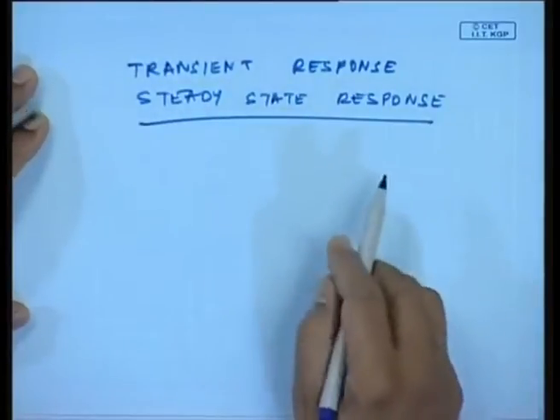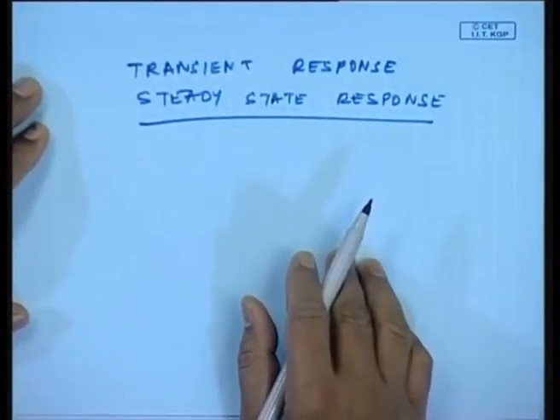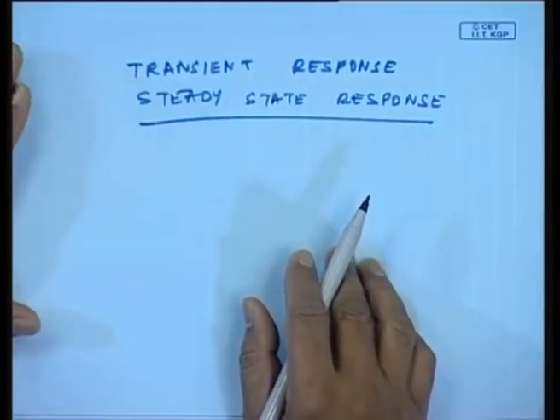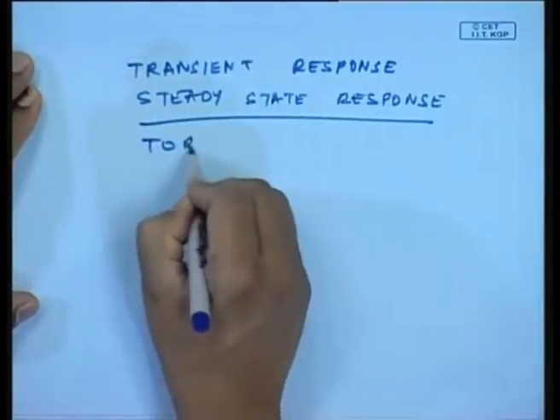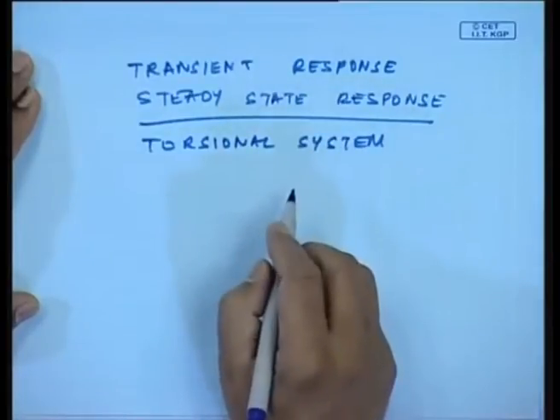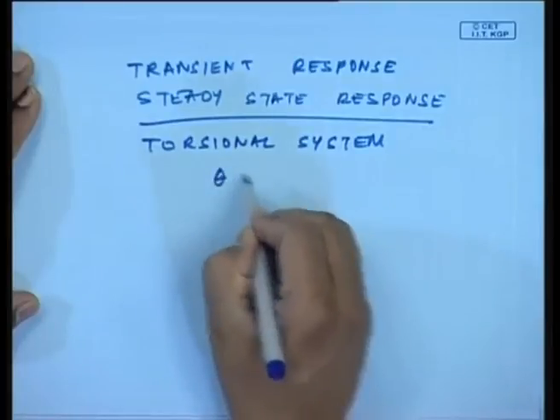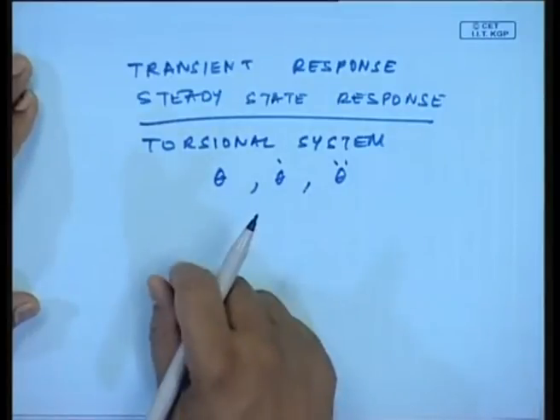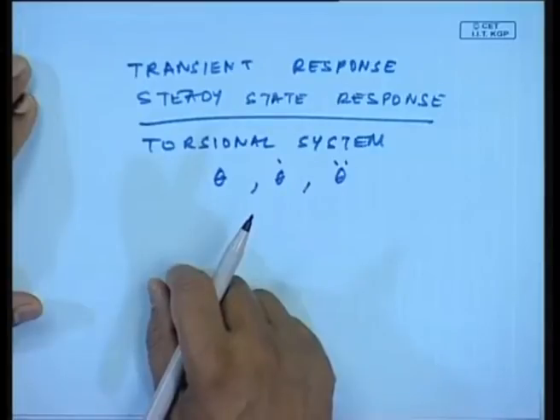Now, we have discussed this with relationship to a linear single degree of freedom system having translational or linear motion, but the same principles hold true also for a torsional system, wherein x dot, x double dot can be replaced by theta, theta dot, theta double dot, the mass by the mass moment of inertia, the damping by the torsional damping, and the linear stiffness by a torsional stiffness.